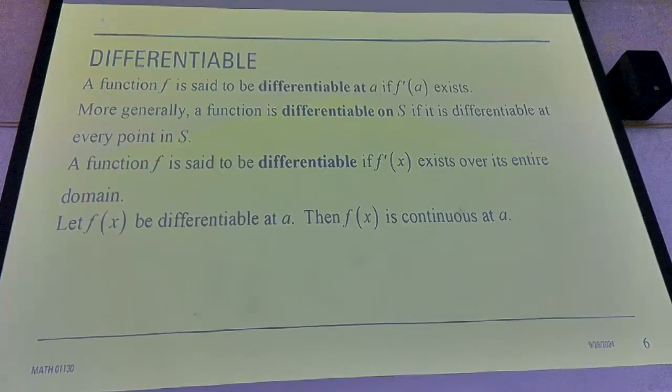No. Can you think of a function where you have a point where it's continuous at a point but not differentiable at that point? Which would be what point? x equals 0. The absolute value of x, continuous at 0 but not differentiable there.